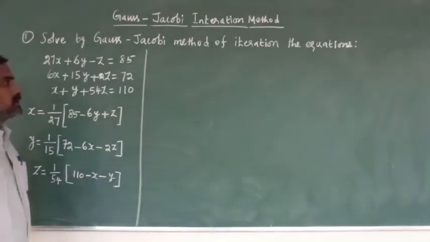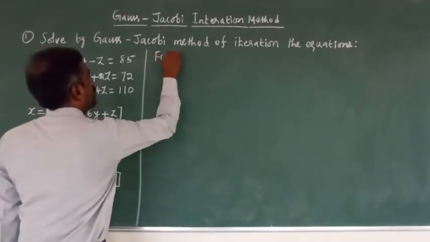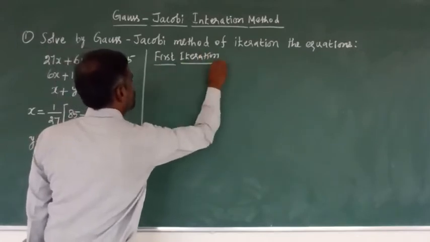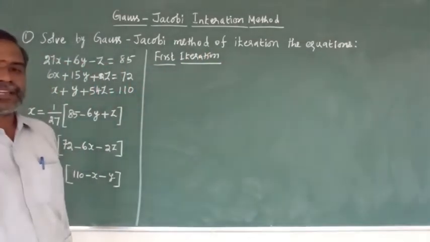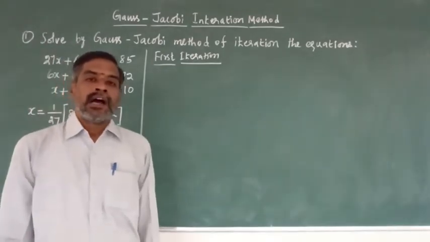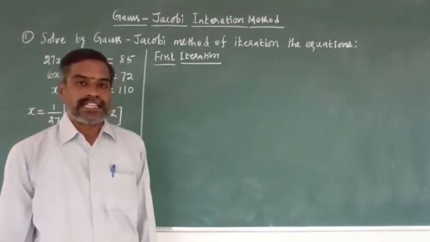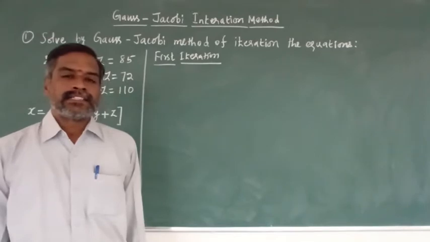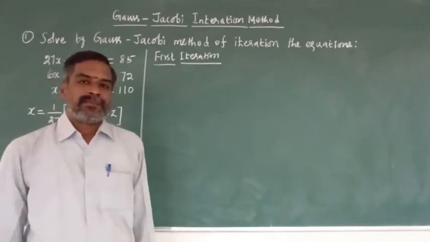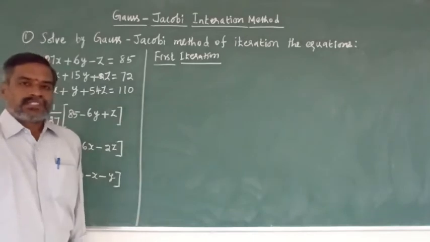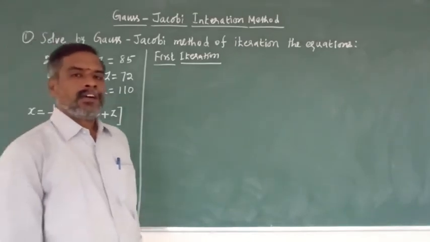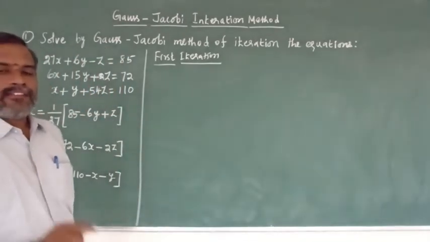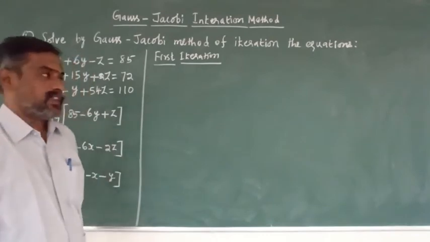First we have to find the first iteration. This process is repeated until two iteration results are the same. When two iteration results are the same, we can stop the process, and then write the final result: the x value, y value and z value.